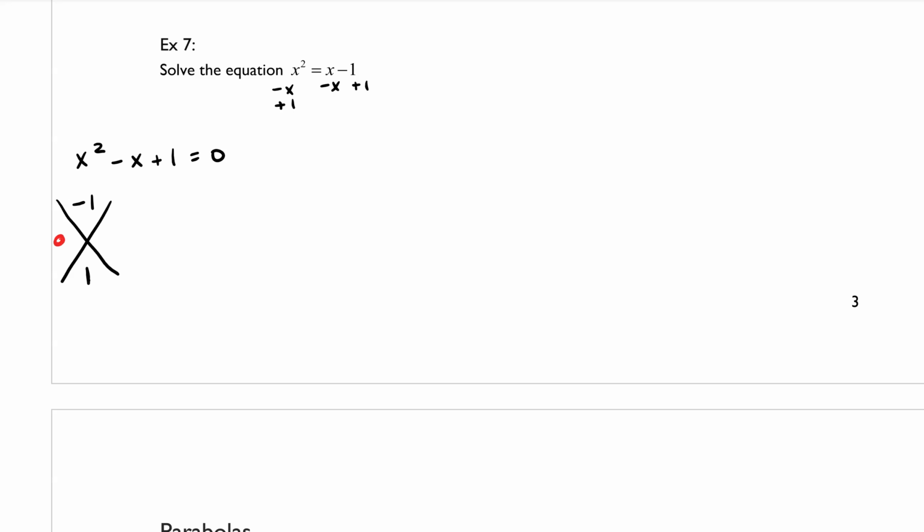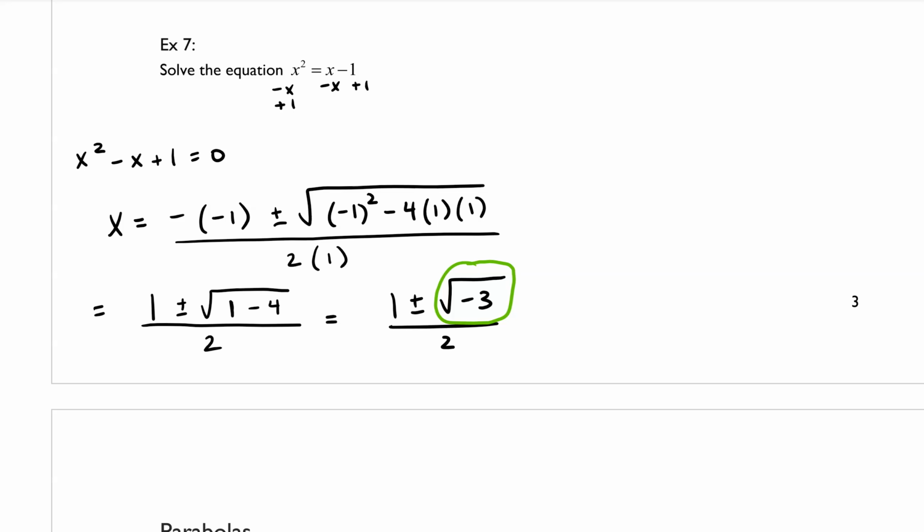And so for the purposes of our class, if you are simplifying the quadratic formula and you get a negative value under your square root, what that says is that there are no real solutions. And that is sufficient for our class to indicate that there are no real solutions.